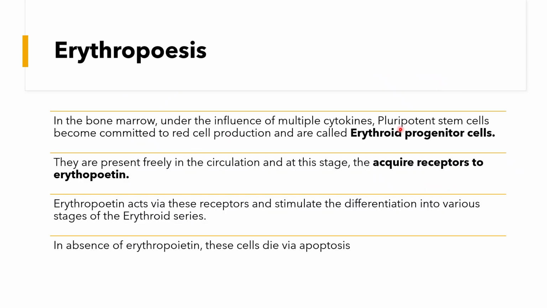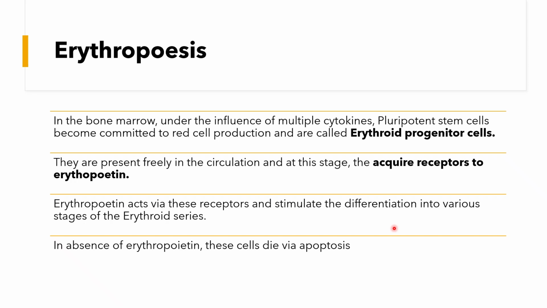In the bone marrow, there are multiple pluripotent stem cells that get influenced by multiple cytokines, and then they become committed to the erythroid series, now being called the erythroid progenitor cells. These erythroid progenitor cells are present freely in the circulation, and while they are in the circulation at this stage, they acquire receptors to erythropoietin. Erythropoietin is produced by the kidney. By the effect of erythropoietin, these erythroid progenitor cells further differentiate into various stages of the erythroid series.